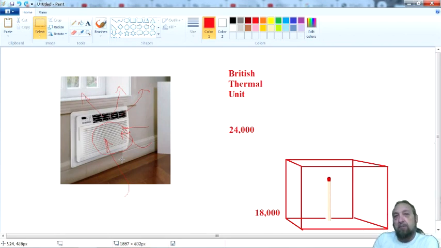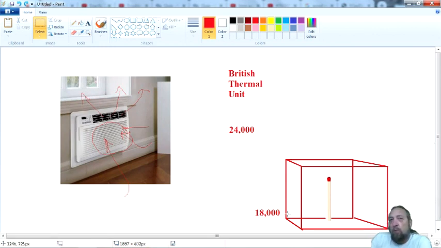Well, what happened is they put a smaller AC, and that smaller AC cannot remove the heat as fast as everything in that room is applying the heat. So it's what we call undersized. Like I said, an air conditioner acts like a pump that removes heat from the room and pushes it outside. So when we're talking about heat and air conditioning and everything else, we're talking about removal of the heat from the room.